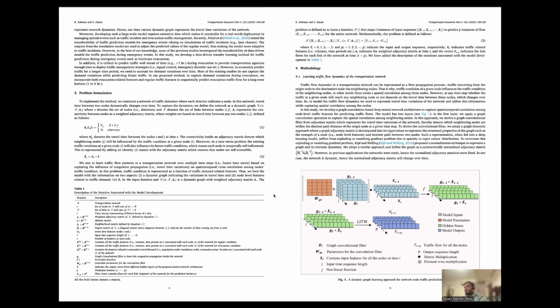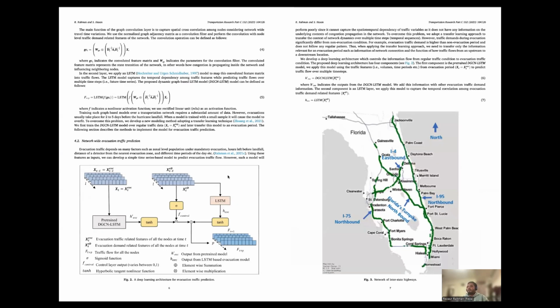In the next part, as you can see, we have to use that saved model for the evacuation period. To do that, we have another combined model which passes all the traffic related information that is generic, the information that is valid for both the regular period and the evacuation period.